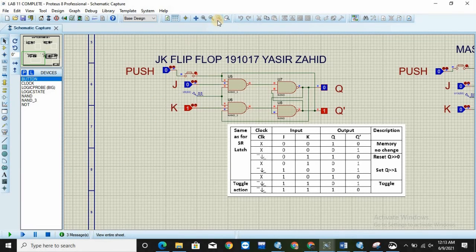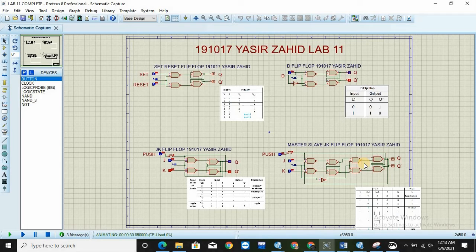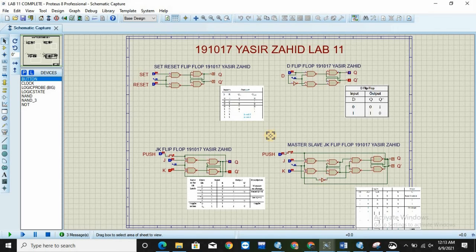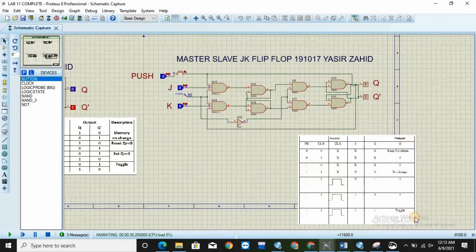Now coming to our fourth flip-flop, which is the master slave JK flip-flop. Let me zoom in a bit more.